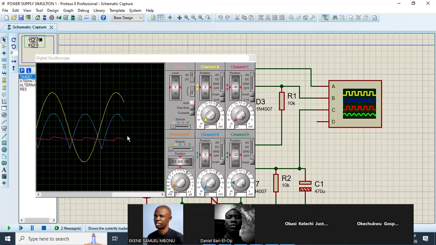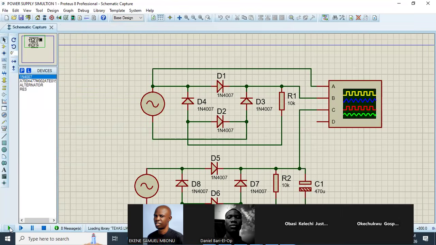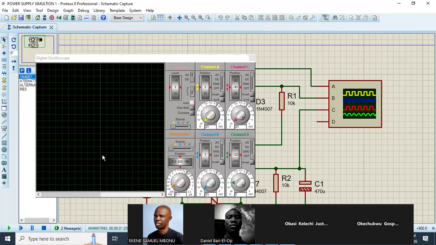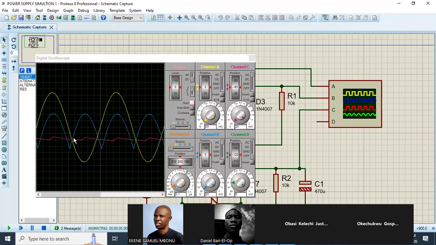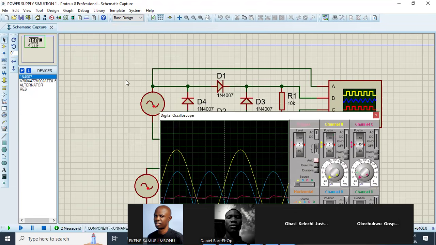Apart from many other things this circuit is showing, I want you to observe something. Within a cycle, the one in orange, channel A, is the source.